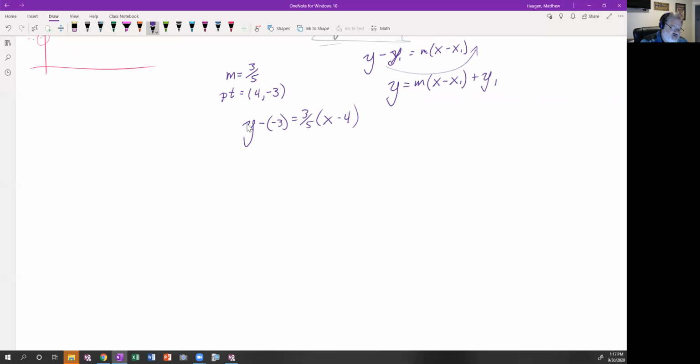Take 30 seconds or so and clean that up down to a nice slope-intercept form.